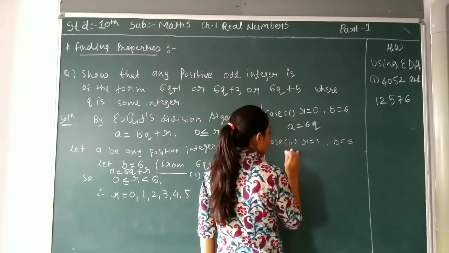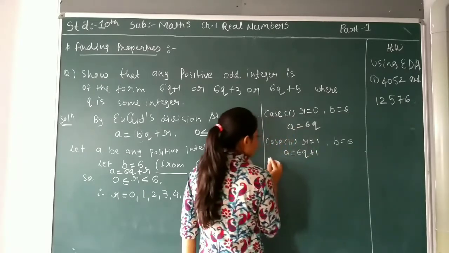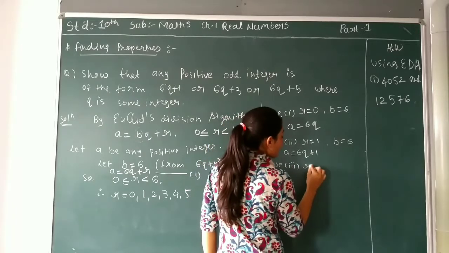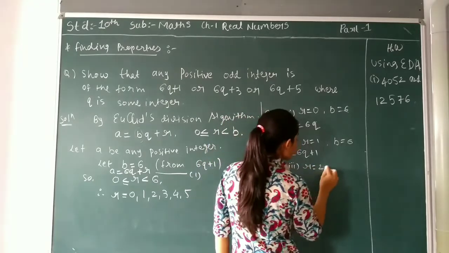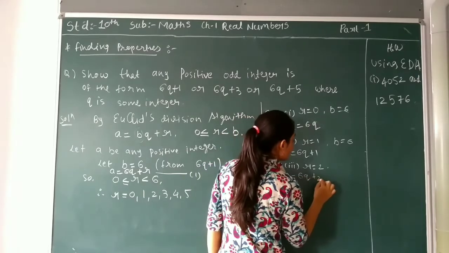So A equals 6q plus 1. Now case 3, R equals 2. So A equals 6q plus 2.